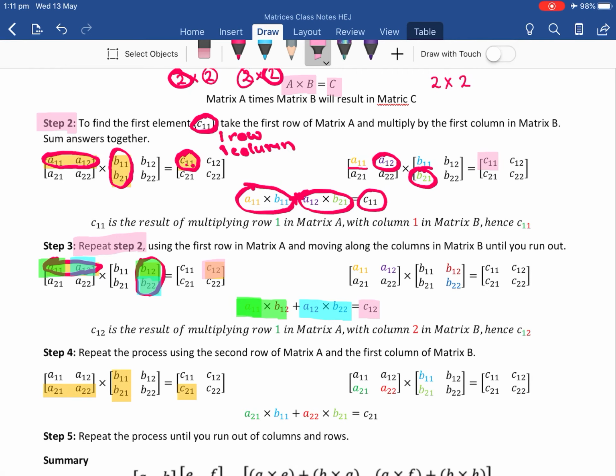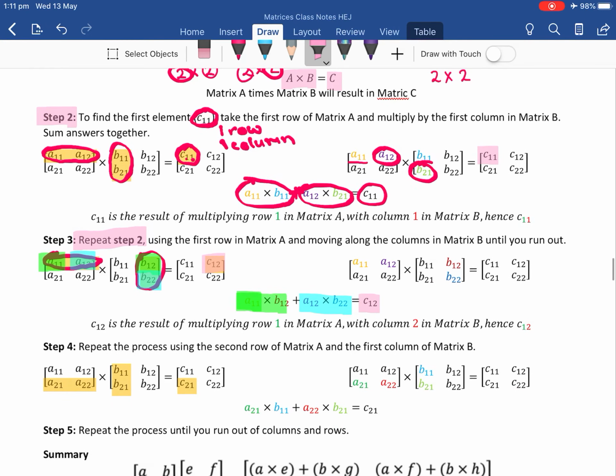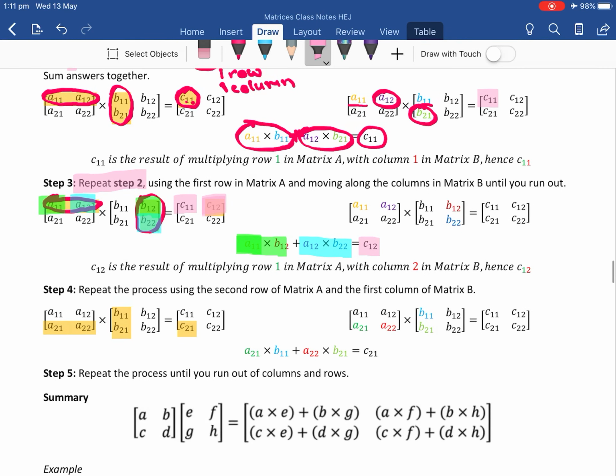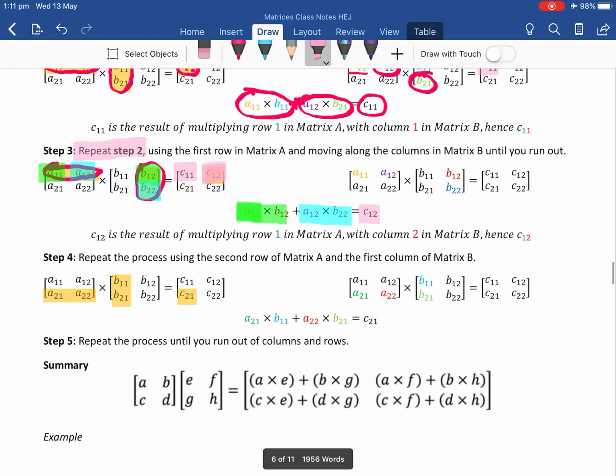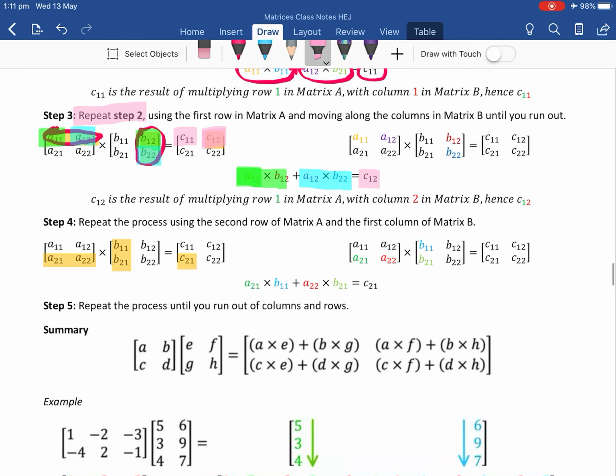So far we've got C11 and C12. Steps 4 and 5 are the bottom ones. So for step 4, we're trying to find C21.